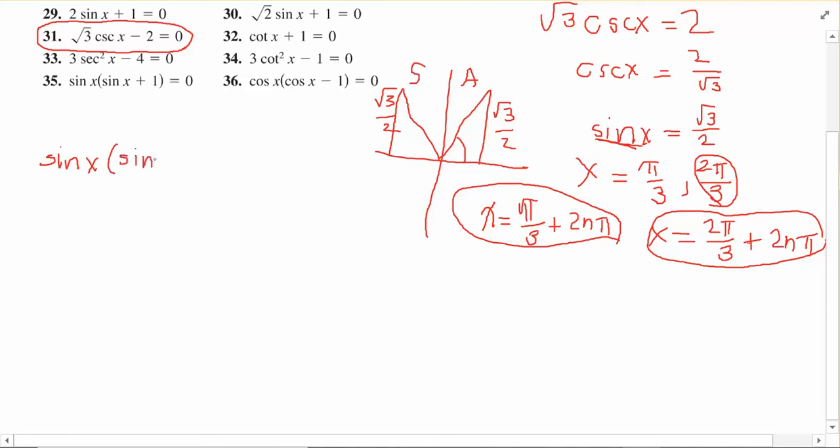And we're going to use the zero product property to solve this problem. Now, if I've got an A times a B, and A times a B is equal to 0, either A is equal to 0 or B is equal to 0 or both.